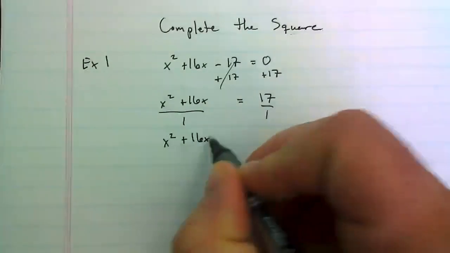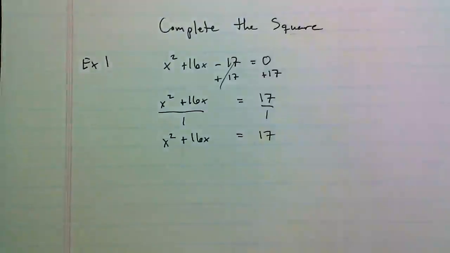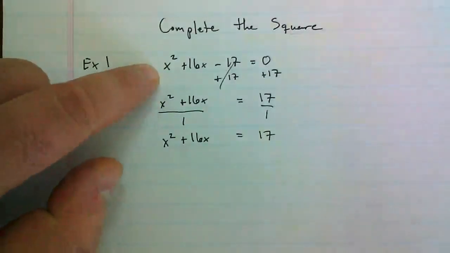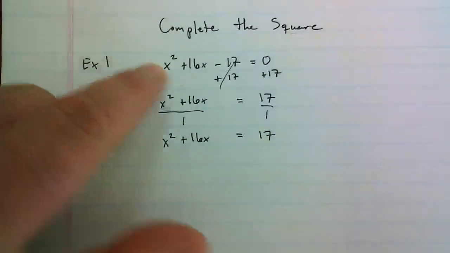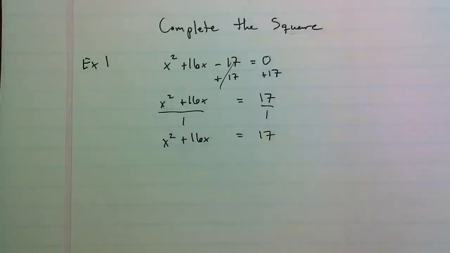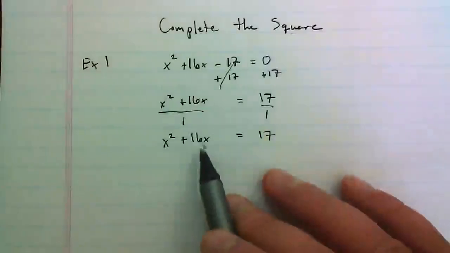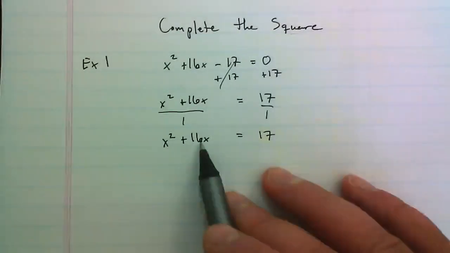Step 3 is you divide both sides by A. In this case, you're just dividing by 1 on both sides, which negates itself because it's still equal to the same thing. If A in front was a larger number, that's where you would see steps 2 and 3 that we just did.